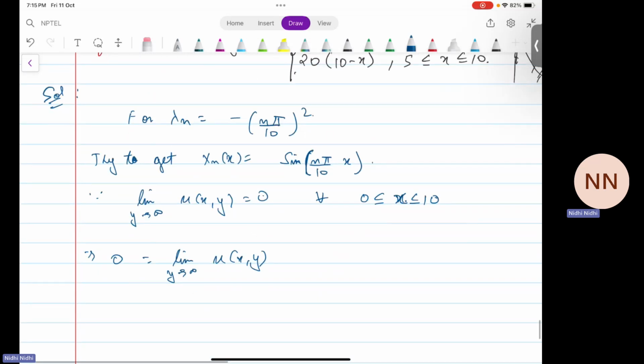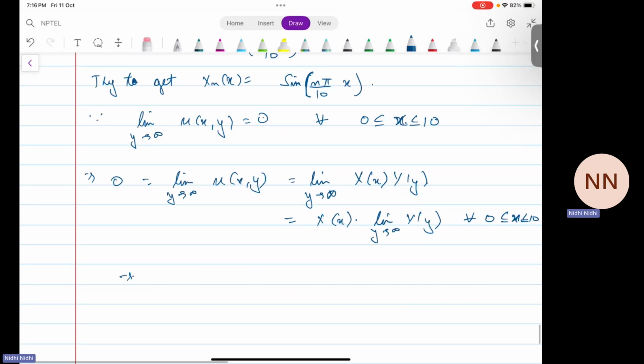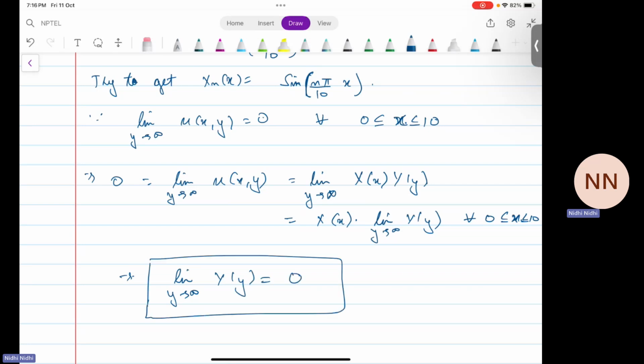So this is X(x) times limit y tending to infinity Y(y) for every 0 less than x less than 10. So this gives us, again, since X is non-trivial, limit y tending to infinity Y(y) is 0. So this will act as a boundary condition for us now.